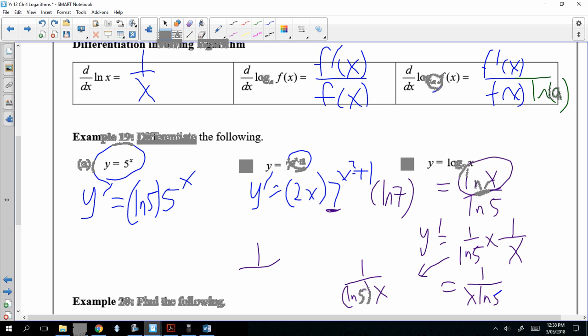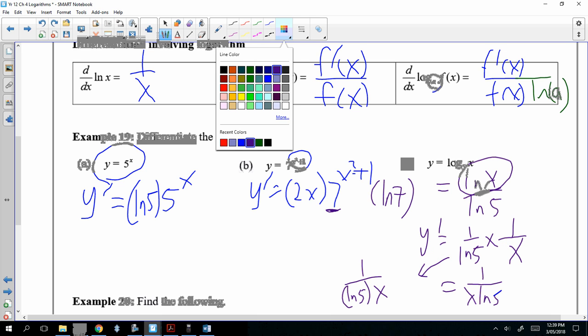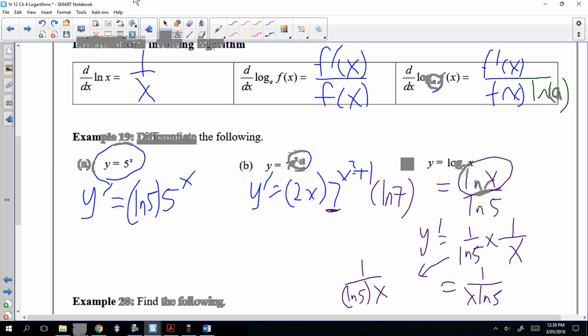Alright, we've got some integration. Have a try using the formula we just learned. Alright, integration. Same thing, to get 6 to the power x, you just divide by ln 6 plus c. Very easy.